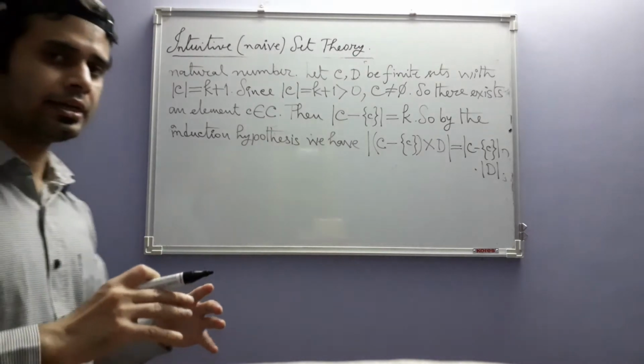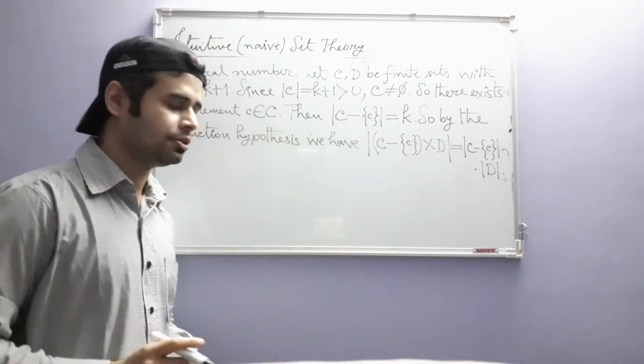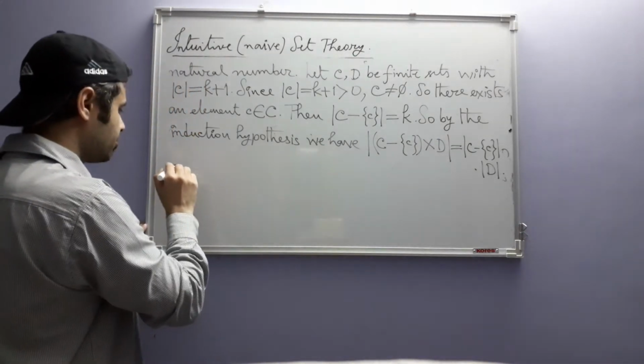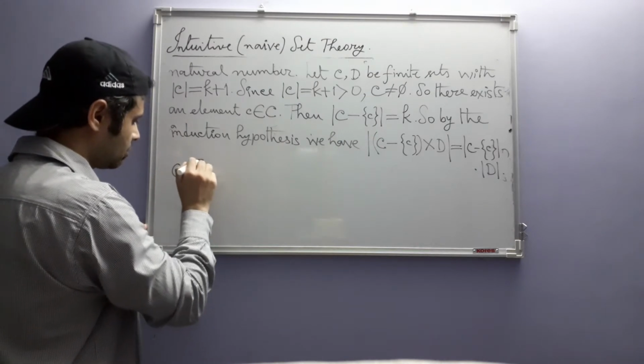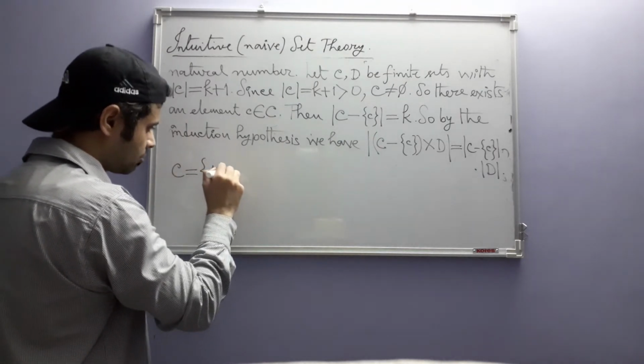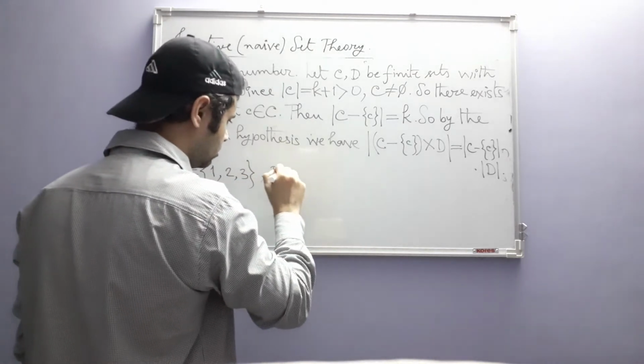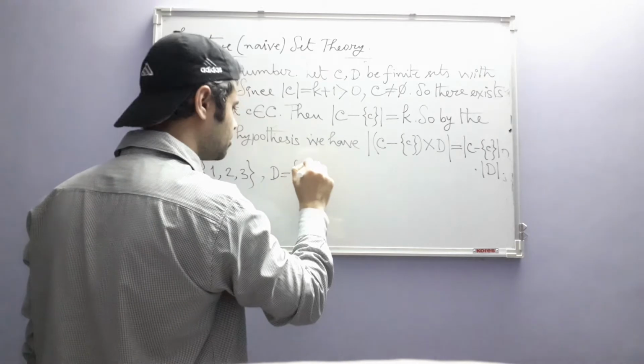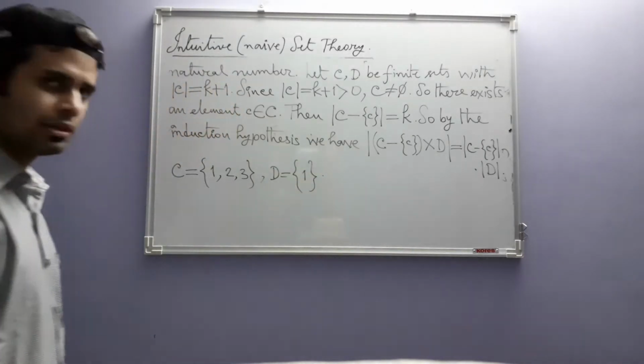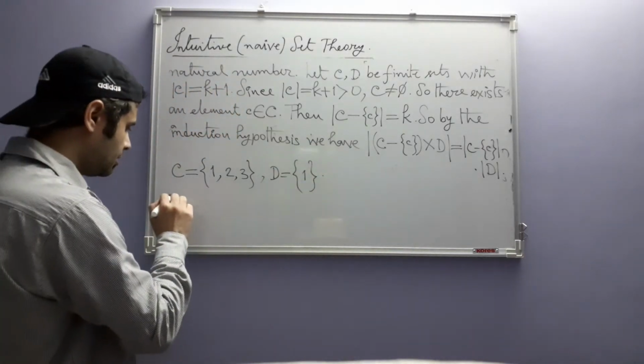Okay, here let us take a small example. Suppose my C is {1, 2, 3} and D is {1}. Now what is C cross D?